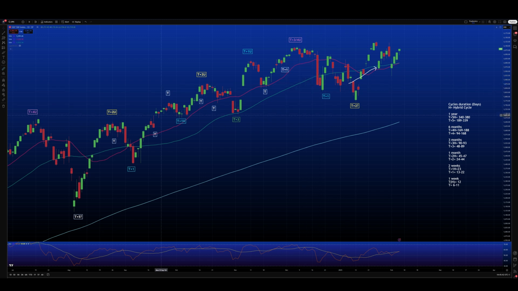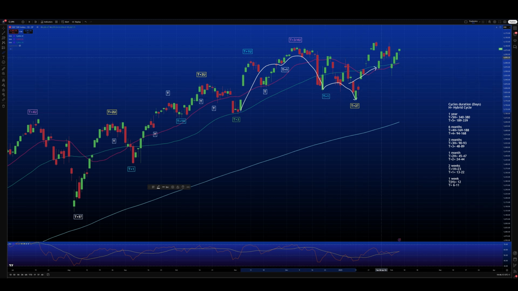So basically, technically speaking, on the Standard & Poor's 500, we had a cycle that was divided into 3 bi-weekly cycles. So first T plus 1, a second T plus 1, and a third T plus 1. So this was the T plus 3, or the T plus 2H, that was divided into 3 bi-weekly cycles.